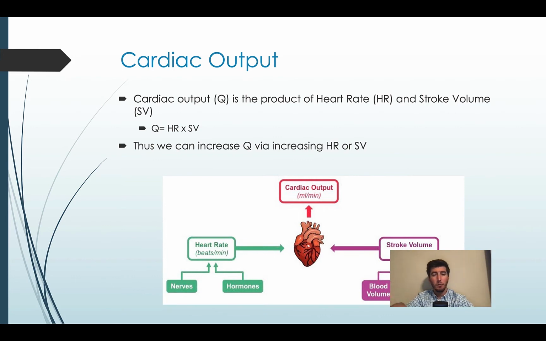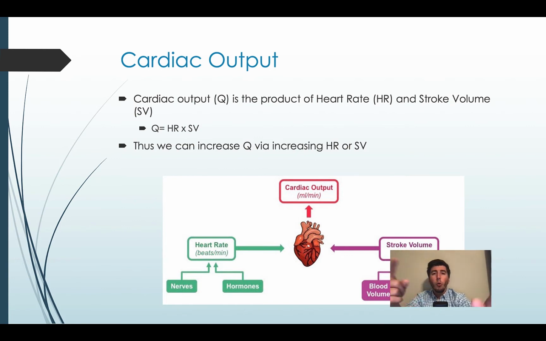If you look down at the figure, you can see that heart rate, or depolarization of the heart, or the contraction rate of the heart, is going to be driven by nerves and hormones. Nerves, we know that we have neural input to the heart via vagal tone, via the vagus nerve, as well as the accelerator nerves. You should remember that from anatomy. If you don't, shame on you.